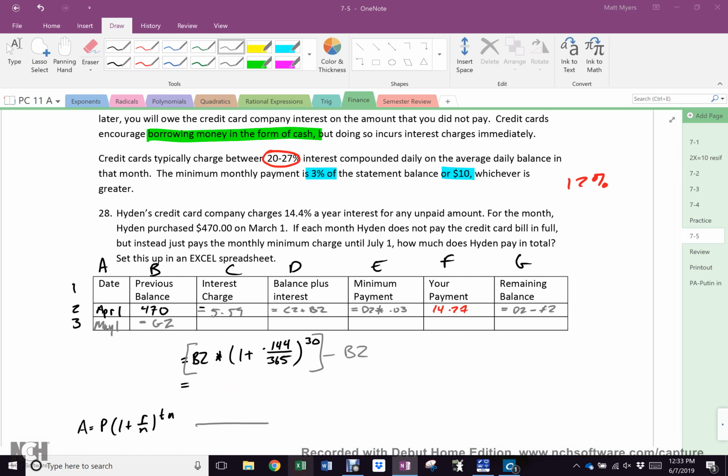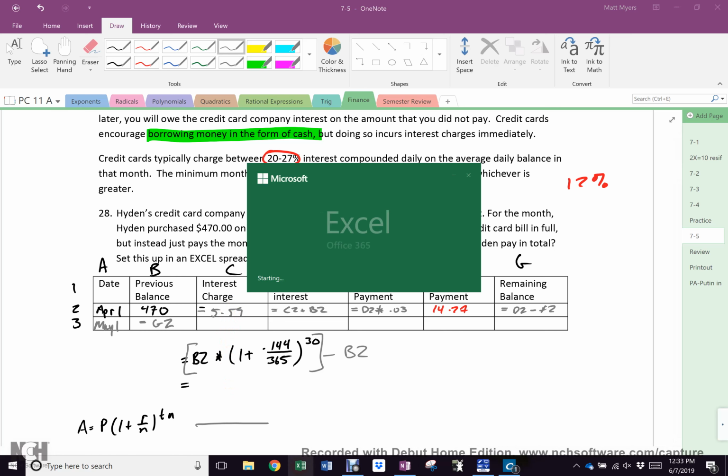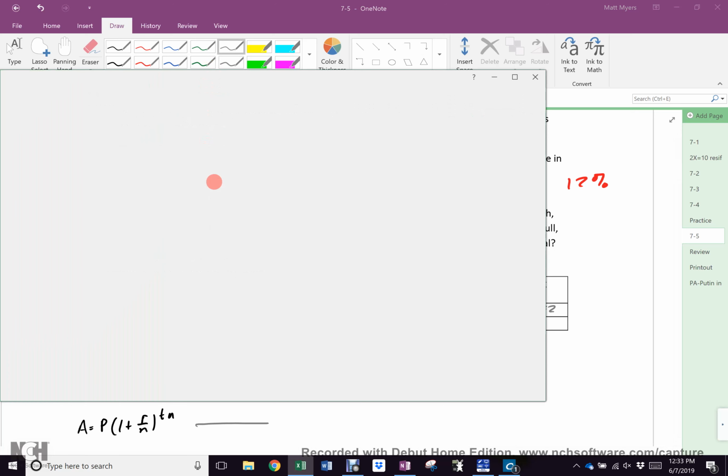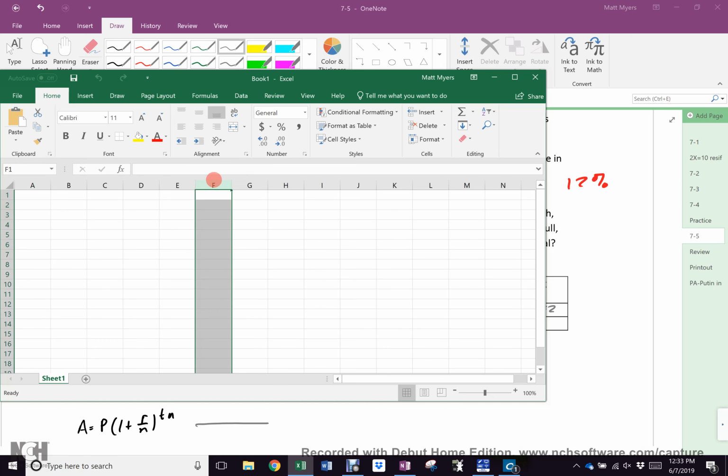I'm going to use Excel because it's right on my machine. I need a new one. So, what do we start with? We'd go across here, right? Date, previous balance, then what?